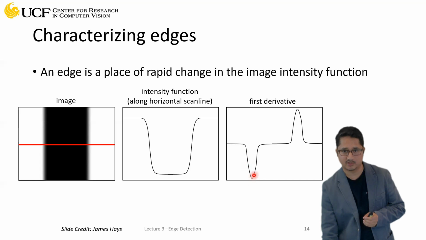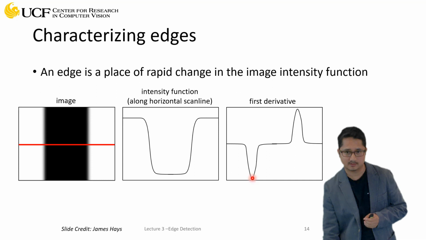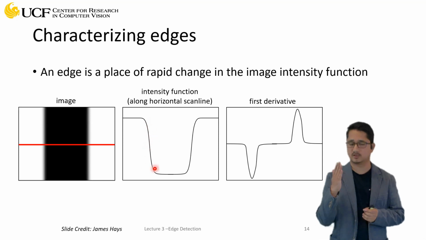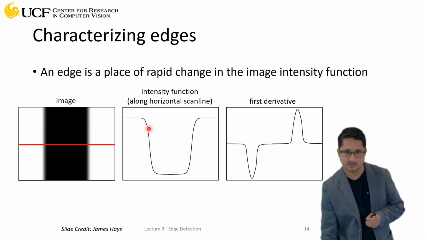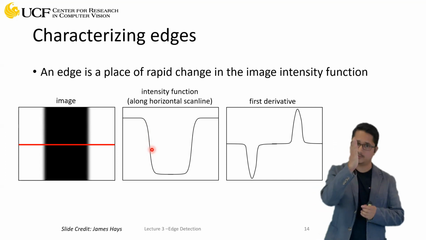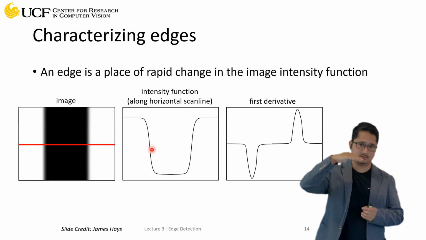When we reach here, it's the maximum slope we are observing. If you draw the tangent to this curve at this point, the tangent gives you the slope, and its absolute value will be maximum. And as we move forward, the slope of that tangent will gradually start decreasing.